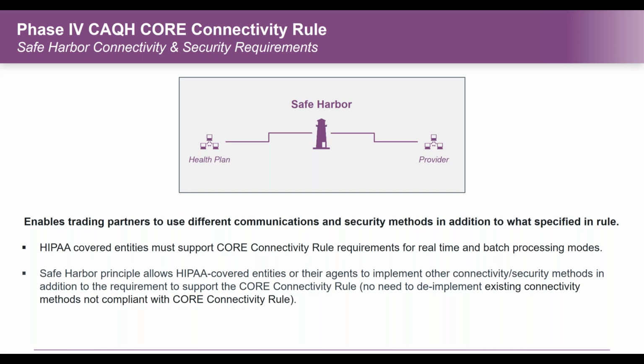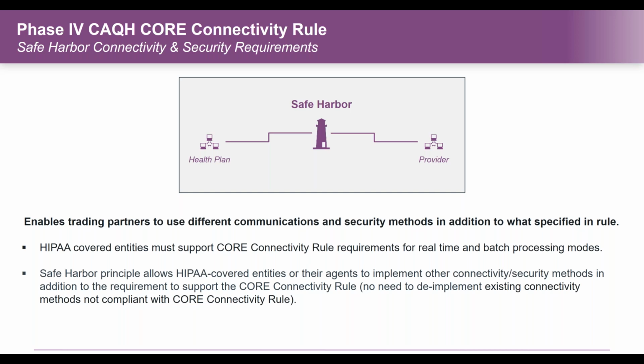And remember that the safe harbor allows for trading partners to always have, at a bare minimum, at least one way to conduct the transactions. So if a provider, a clearinghouse, a software vendor wishes to set up a process to conduct this transaction with a health plan, the health plan has to be able to support the phase 2 or the phase 4 method to conduct those transactions at a minimum.